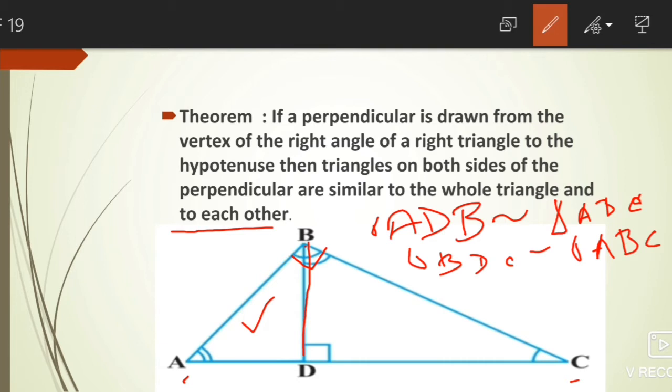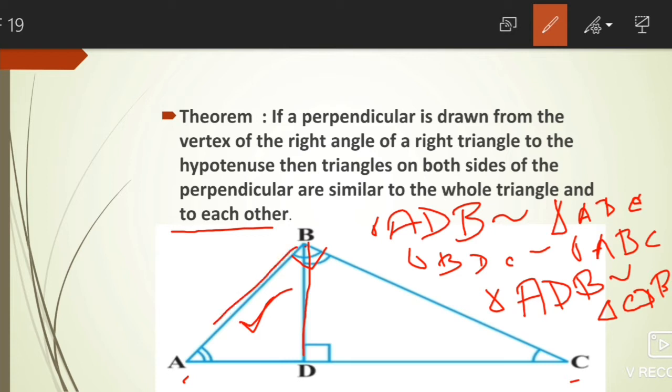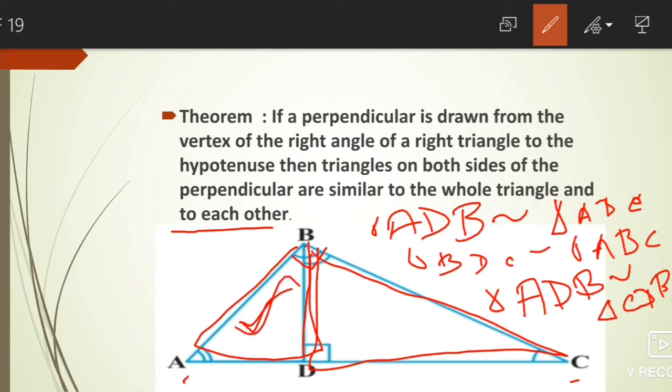That means you can write triangle ADB is similar with triangle BDC. So this theorem states that triangle ADB is similar with triangle ABC, triangle BDC is also similar with triangle ABC, and these two triangles are similar to each other.